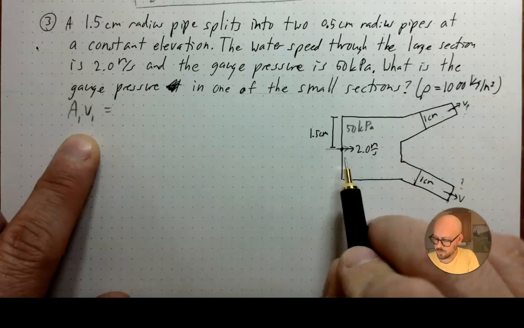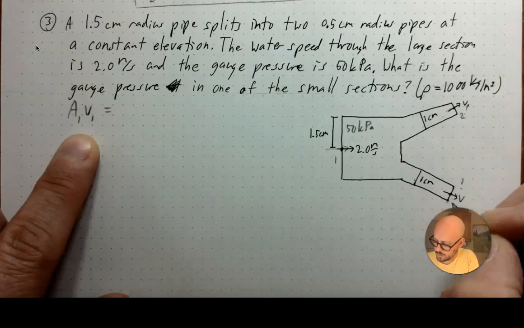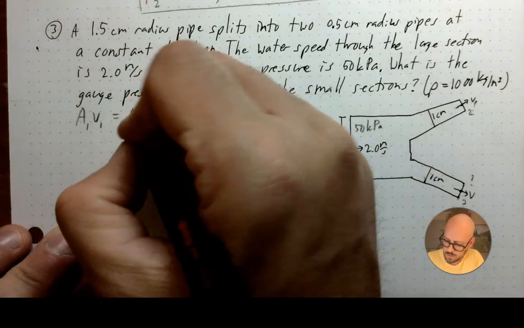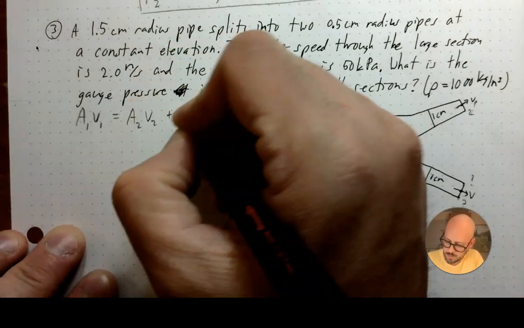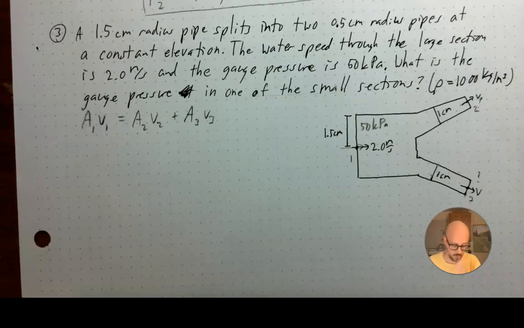So A1V1 is going to be right here. We also have a second and a third pipe, so A2V2 plus A3V3. So one flow becomes two flows, and so I would add those two flow rates together because they would have to be the same total as the initial one.